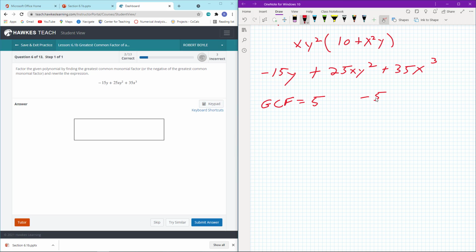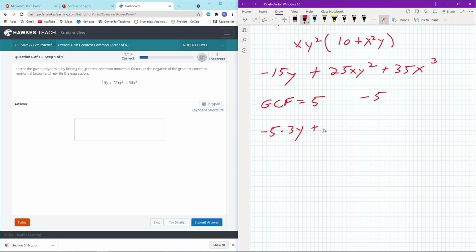So we want to find the other factor which will produce these 3 terms. So we have negative 5, and to get negative 15y, we would need to multiply that by 3y.